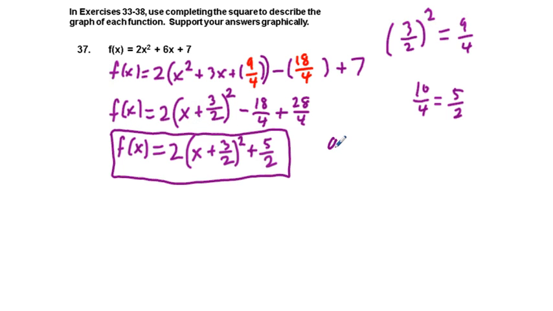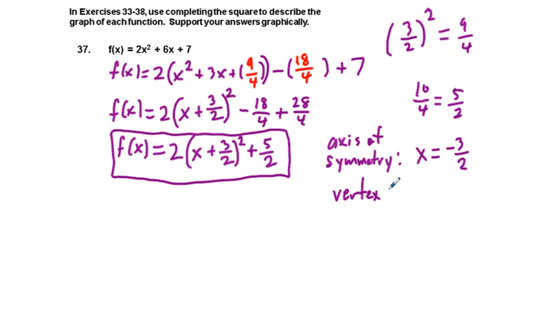Our axis of symmetry is going to be x equals negative 3/2, and our vertex is going to be the point negative 3/2, comma 5/2.